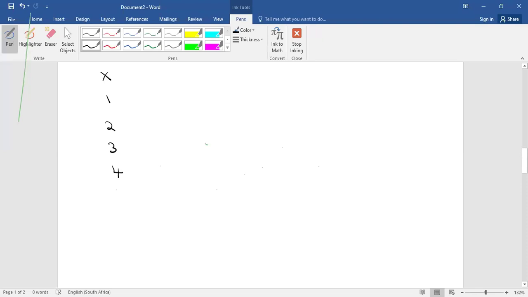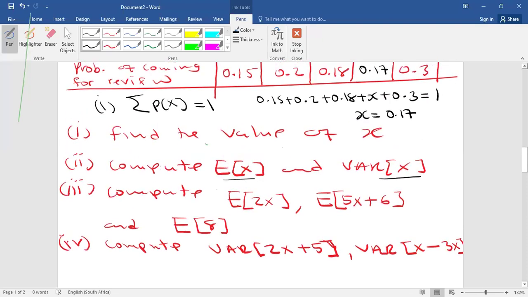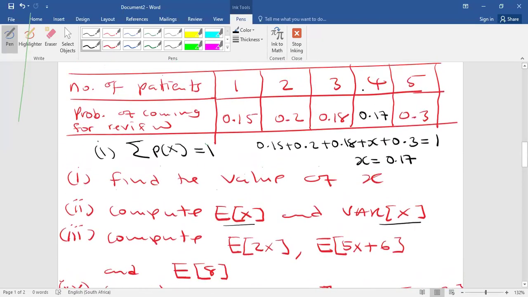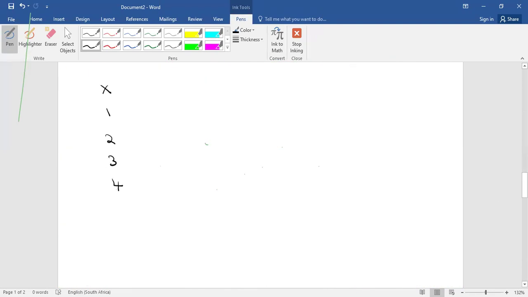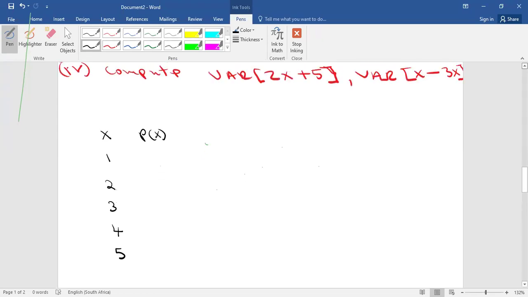X went up to what's the value? So x is the number of patients, so we went up to 5. Then their respective probability, Px, we'll write them.